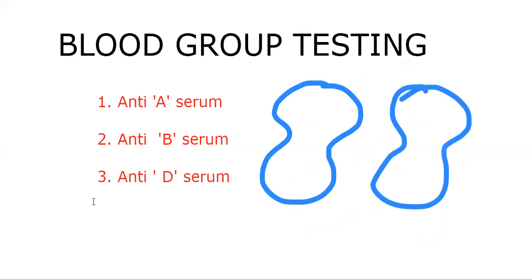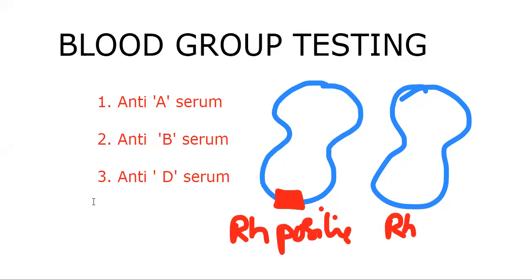Those with it we call RH positive, and those who don't have the RH factor, we call RH negative. The new antigen I am introducing here: RH positive and RH negative.